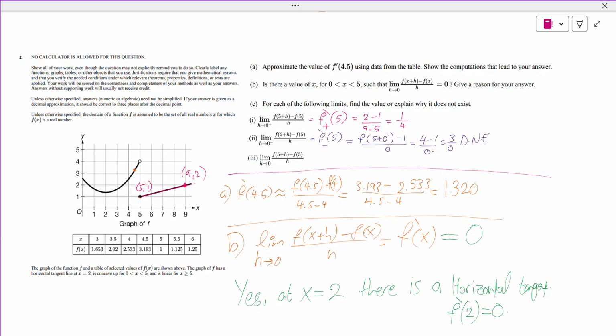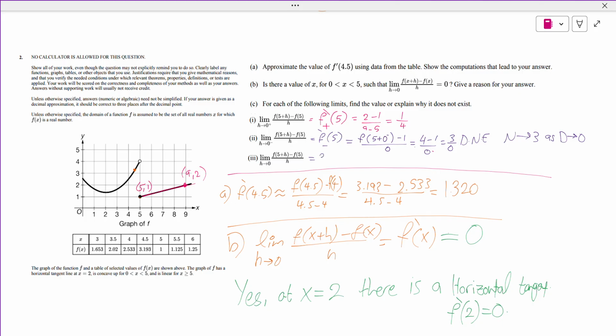Why does it not exist? Because the numerator approaches 3 as the denominator approaches 0. So it's undefined, it doesn't exist. Okay, and why the limit of f of 5 plus h minus f of 5 over h, the last one, also doesn't exist?